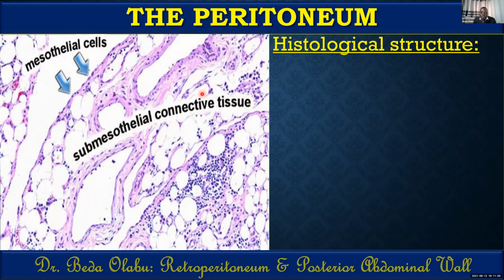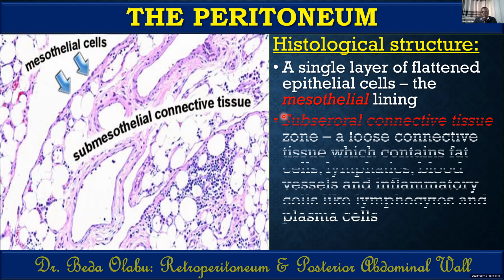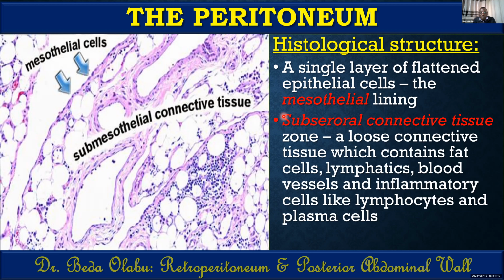Histologically, what is the peritoneum? Histologically, the peritoneum is a single layer of simple squamous epithelial cells, and that's what we call mesothelium. But deep to that mesothelium is a loose connective tissue region, which we call the subserosal connective tissue.